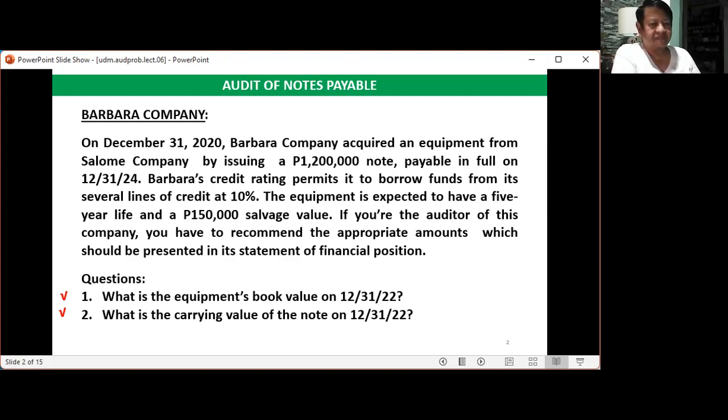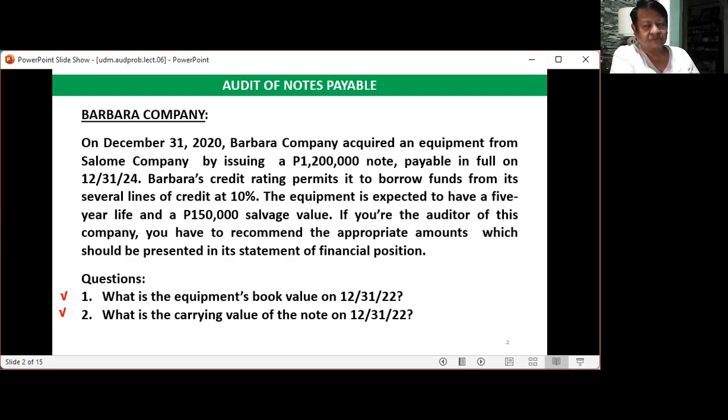In this particular problem, the 1,200,000 peso promissory note is the future value. We have to determine the present value of that promissory note in order to arrive at the value of the equipment. We can only compute for the present value of that promissory note if we know the present value factor. In this particular problem, the present value factor is not given.